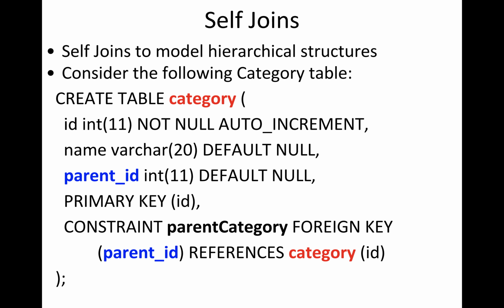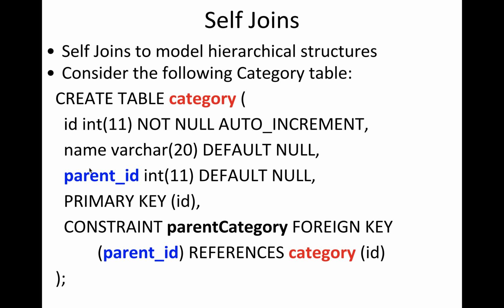So the values for that field are IDs that are declared in the first record. You have this field ID, and the values of parent ID are values of the ID field.